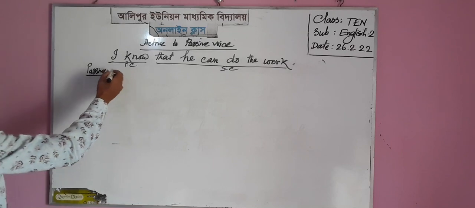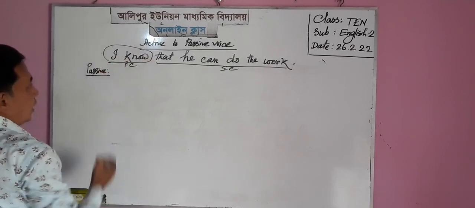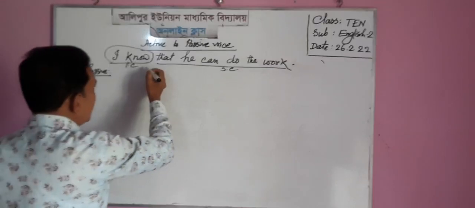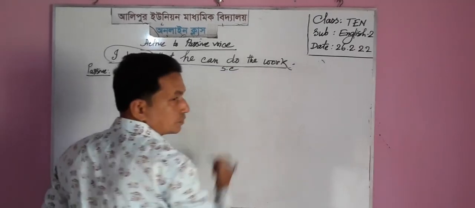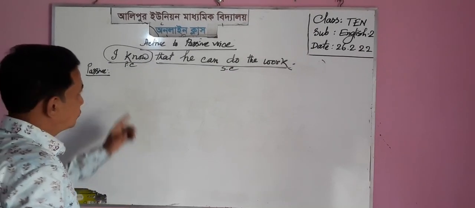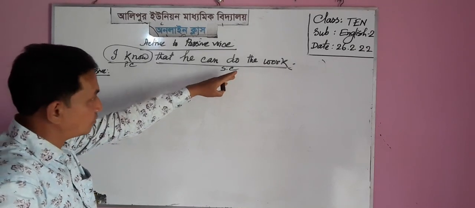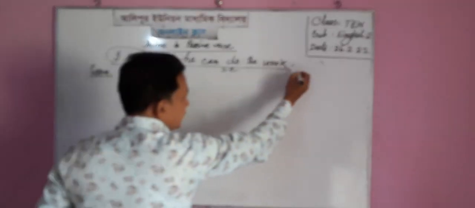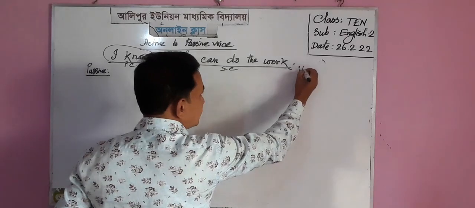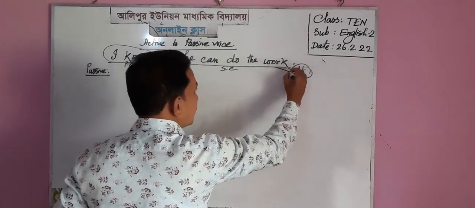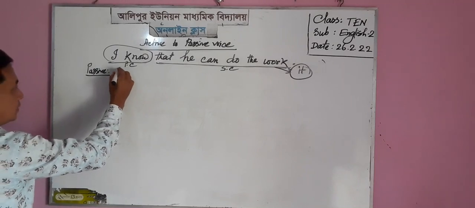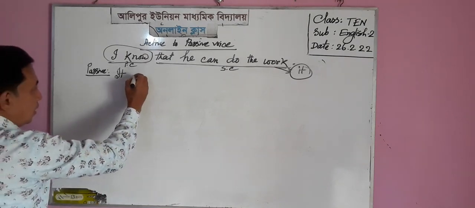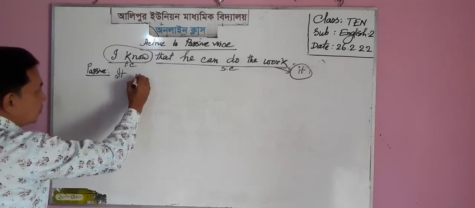So at first I have to change the first clause. What is the object of know? The object of know is that he can do the work. This is the object of the verb know, so the whole clause works as an object. That's why we take it as an object: instead of the clause, we take it. So it is the subject here, and know is present tense, so according to present tense the auxiliary should be is.